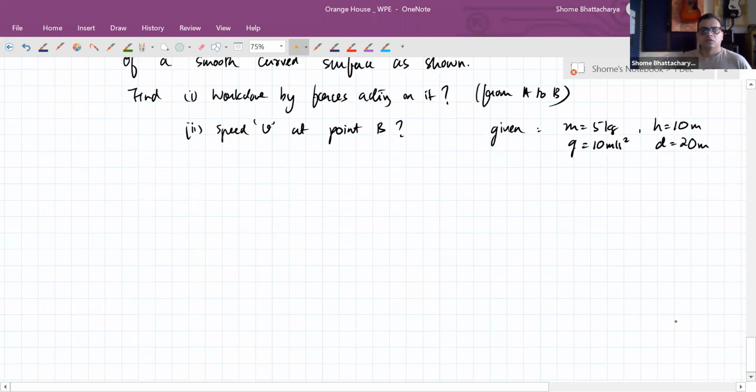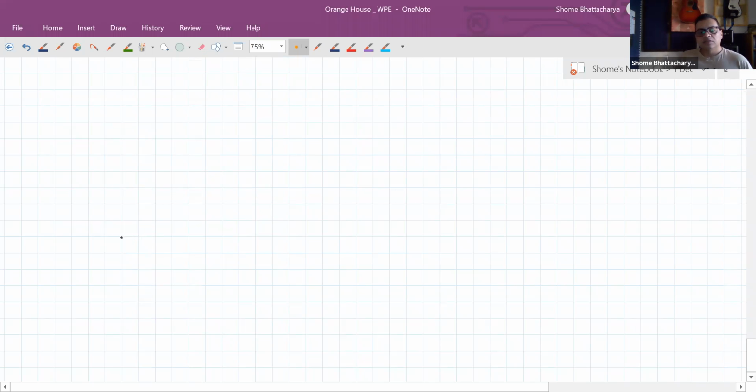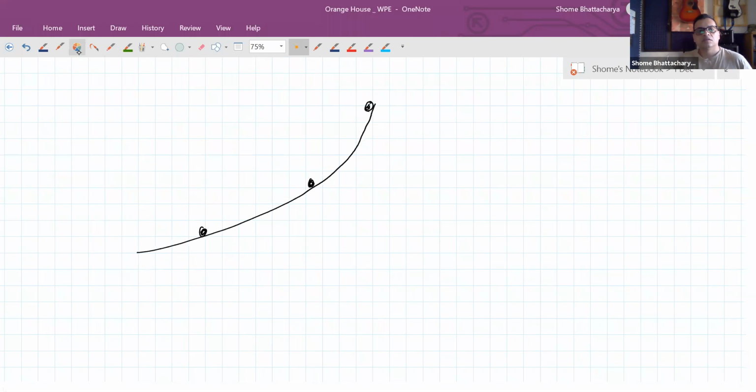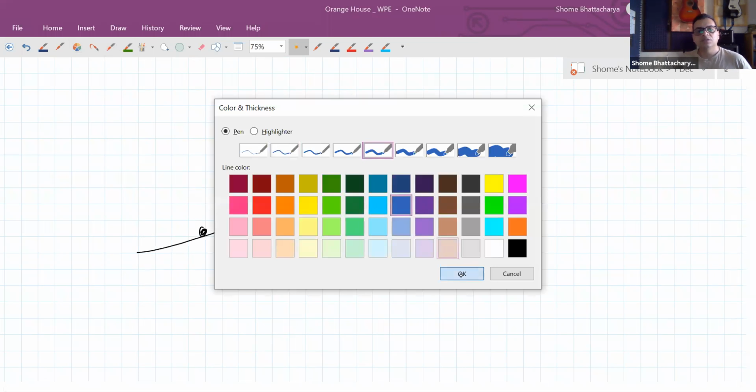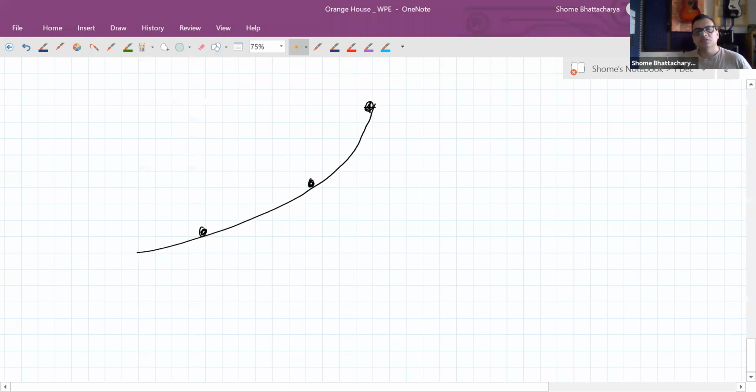Okay, so let's understand this like this, that as the object is coming down this curved surface, at different points of time, if you compare the forces acting on it, you'll realize one thing: the weight is a force which does not change. It's a constant force. Its direction and magnitude always remain the same, which is vertically downwards.